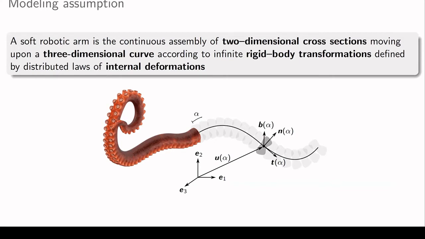Here we see a cross-section which moves on this three-dimensional curve. The position of the cross-section is represented by the position vector u, and the orientation by the local triad, which defines a local rotation matrix.